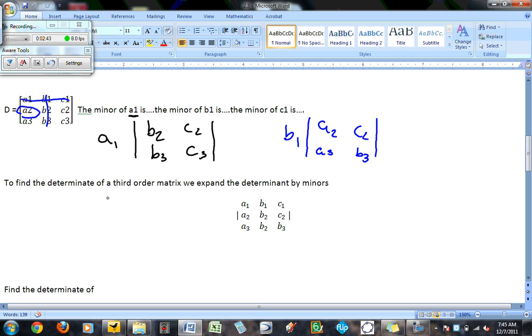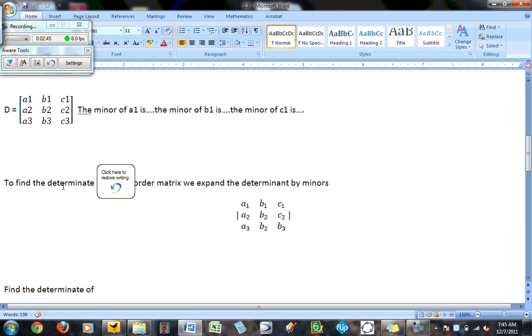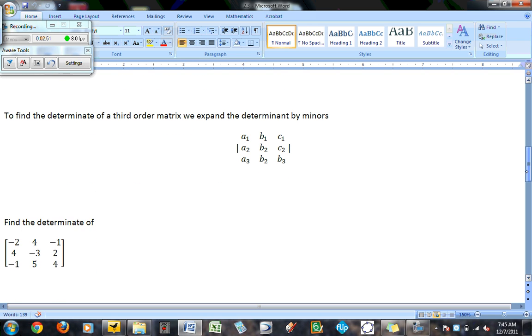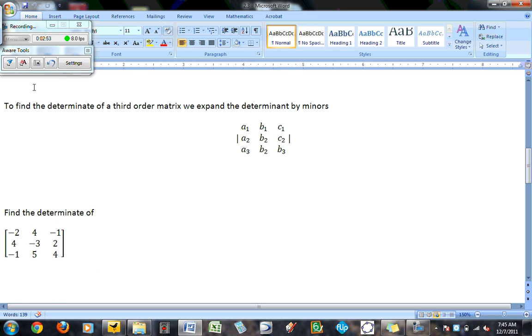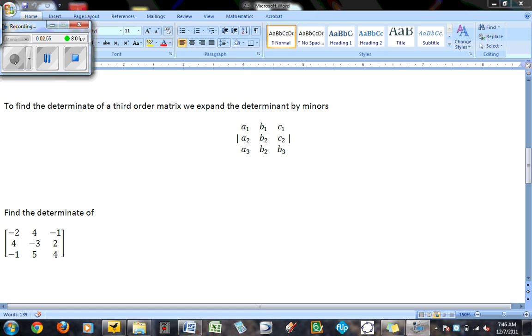All right. So like what this sentence is saying here, to find the determinant of a third order matrix, we expand the determinant by minors. To find that determinant of a 3 by 3 matrix, we're going to expand this thing by minors, like I said. And so we're going to expand it by A1's minor.